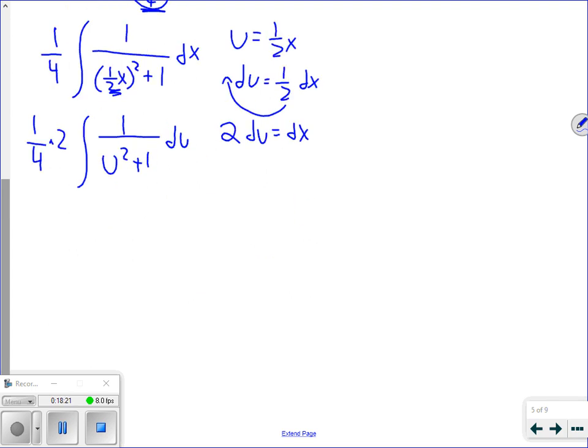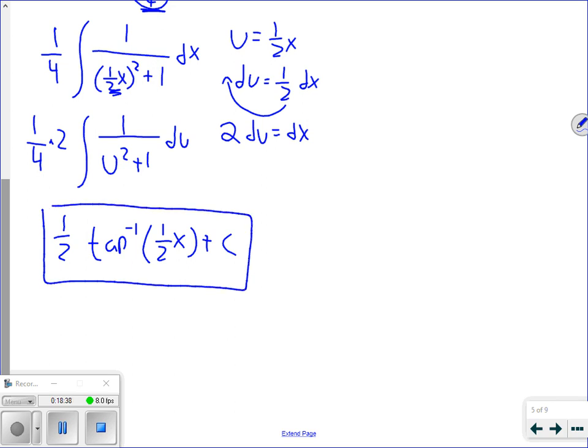Okay, and the integral of 1 over u squared plus 1, well, that's just tan inverse of u, and in this case, that u is 1/2 x plus c, and we have the 1/2 outside from 2 times 1/4. Okay? So there you go.